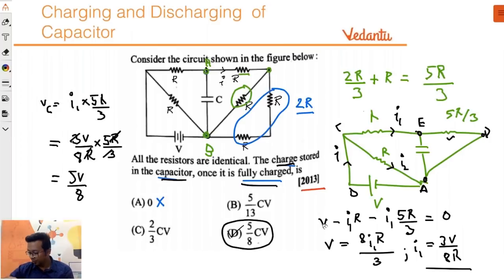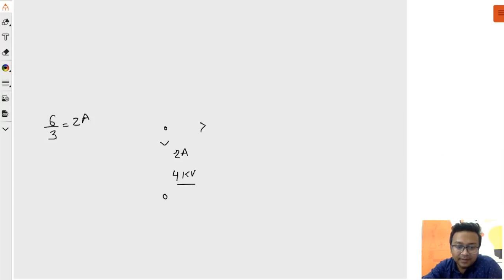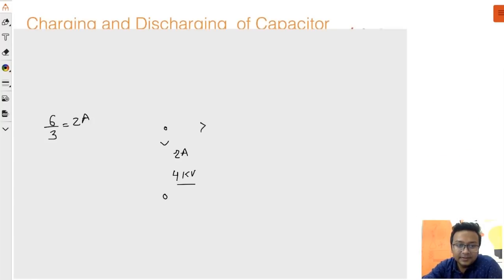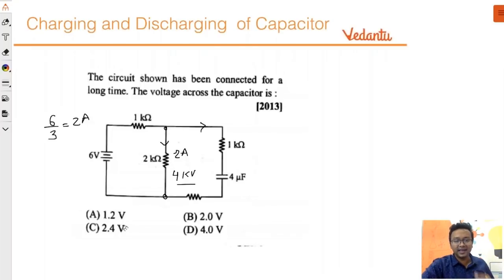Now, going ahead, this is the next question. Students, I think it's a very simple one. I've just made it a little easier to solve here. This has appeared again in the year 2013.